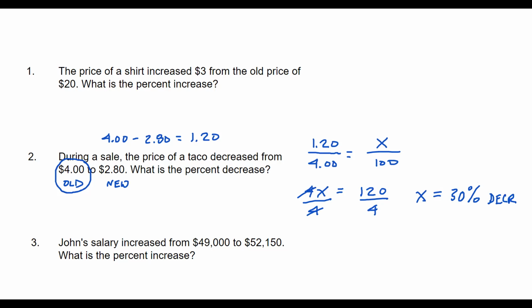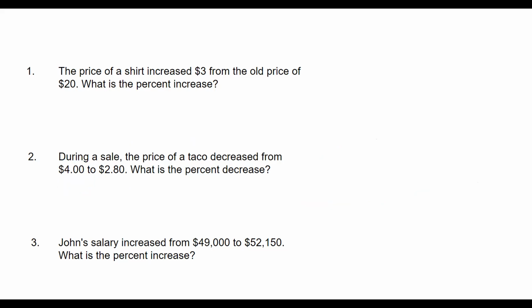Okay, last problem. This problem demonstrates that we don't need nice round numbers to do this same kind of calculation. John's salary increased from $49,000 to $52,150. What is the percent increase? We have an old amount here. We have a new amount here.